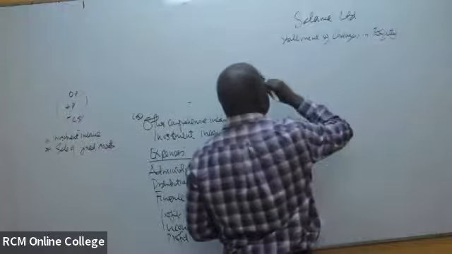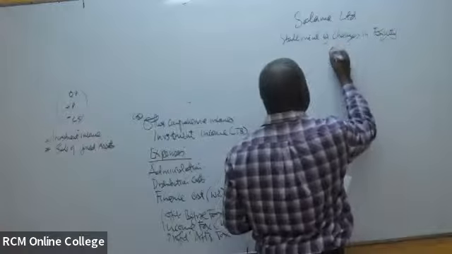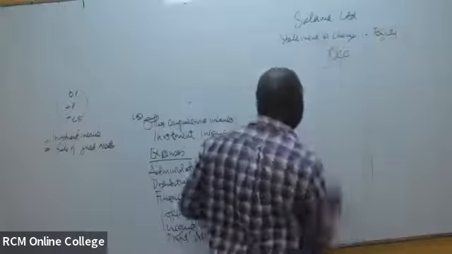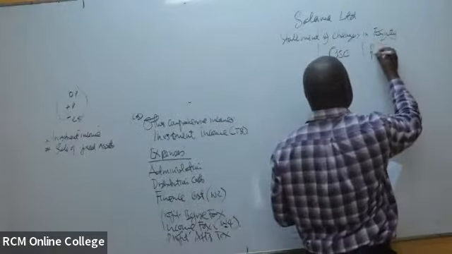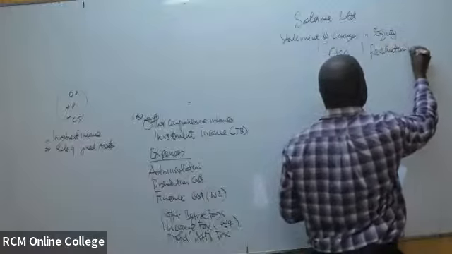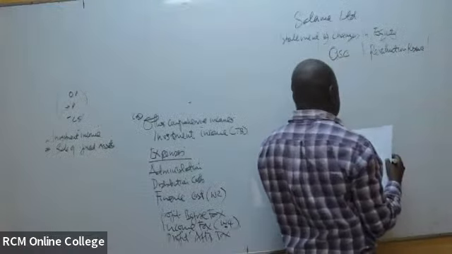So we have ordinary share capital. Then we have revaluation reserve. Then we have retained earnings.